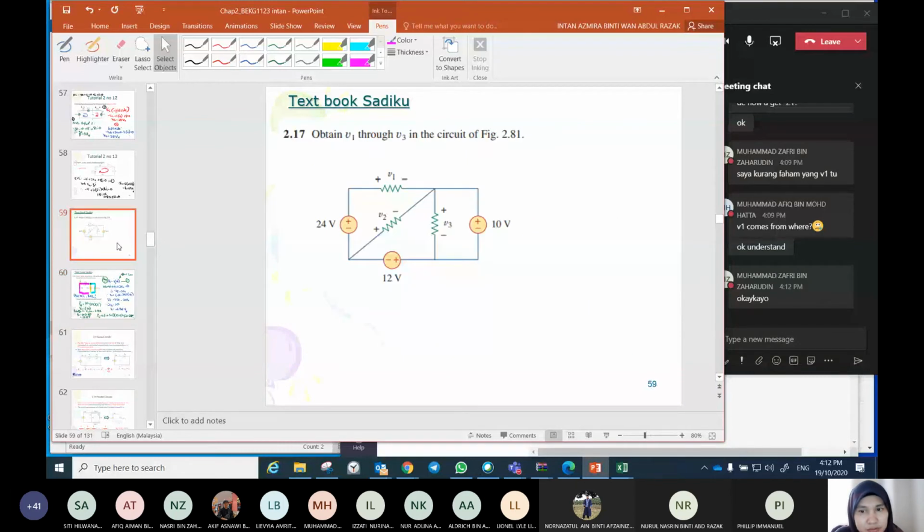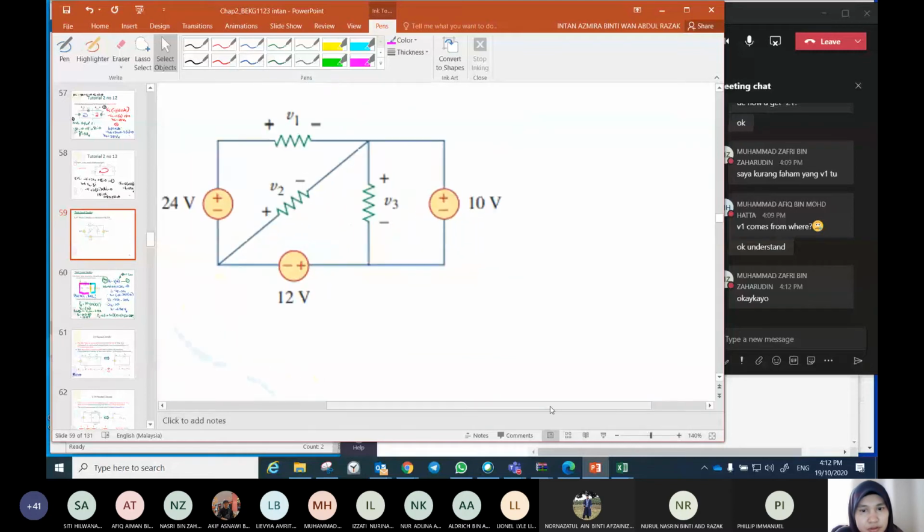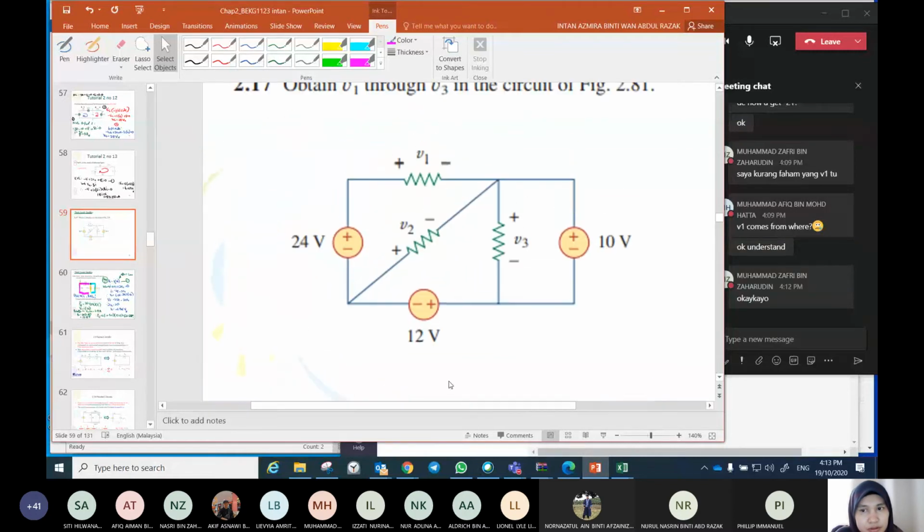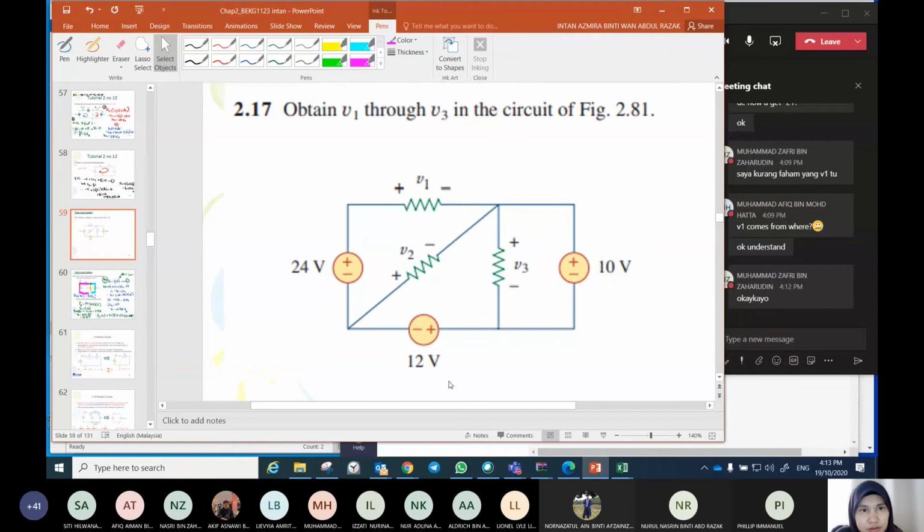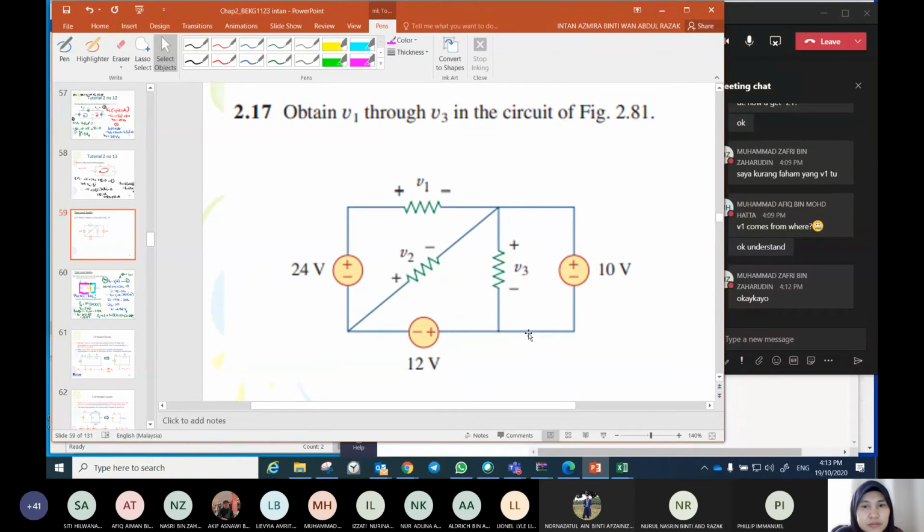Okay. Now please do this example. Obtain V. This is a very basic question. Obtain V1 until V3. V1, V2, V3. What is V1? What is V2? Which V do you want to find first?